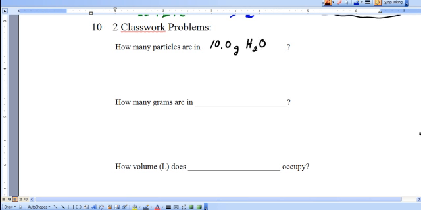And the next one, how many grams are in 5 liters of ammonia, which is NH3? And then finally, not how volume, but what volume in liters does 80 grams of carbon dioxide occupy? Go ahead and try those conversion problems, and we'll go over them in the next podcast.